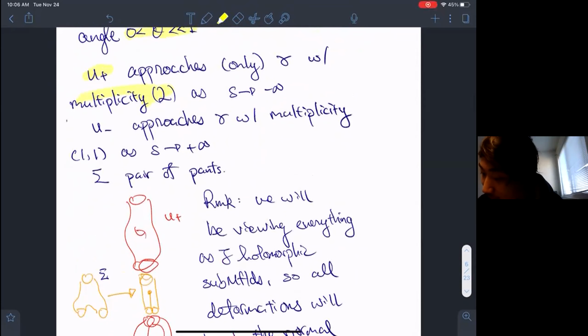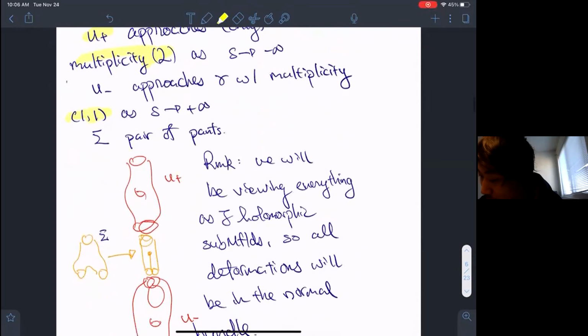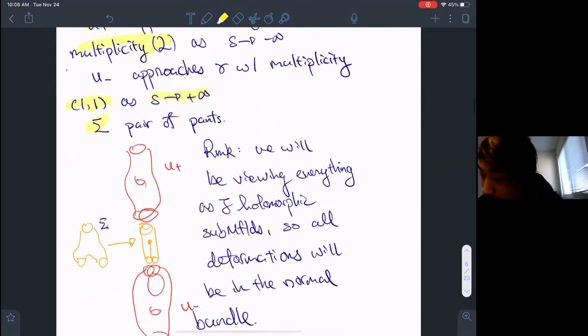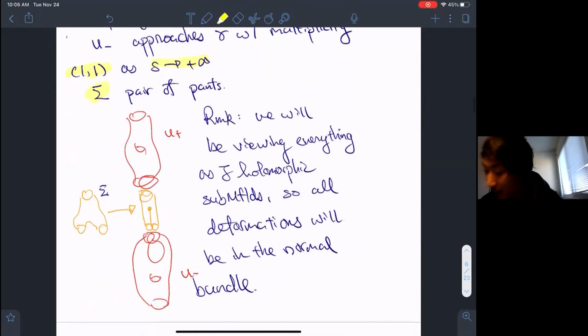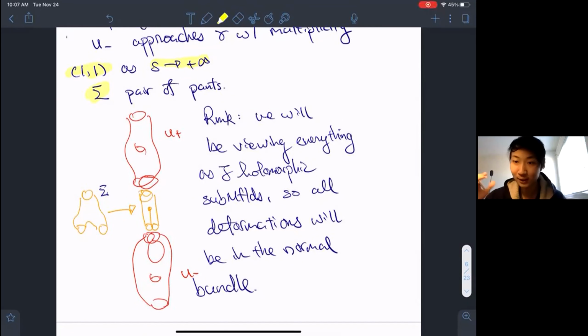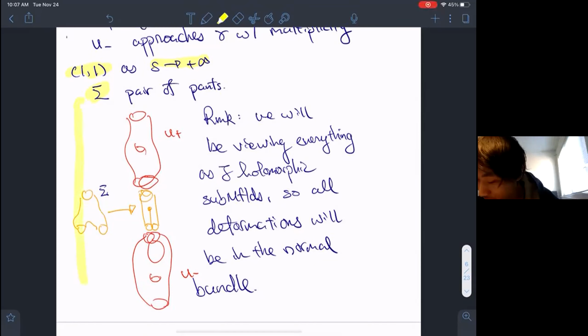And U minus approaches gamma with multiplicity 1, 1, so as 2 simple covers as s goes to plus infinity. And the middle level is a pair of pants. And just a slight technical side remark, we'll be viewing all of these things as J-holomorphic submanifolds. So later on, when we talk about their deformations, they'll be in a normal bundle. Okay, so that is the schematic for the gluing.